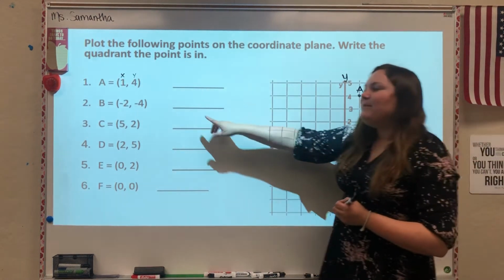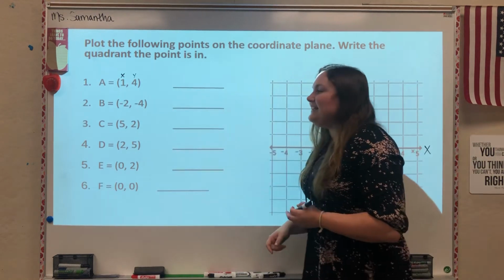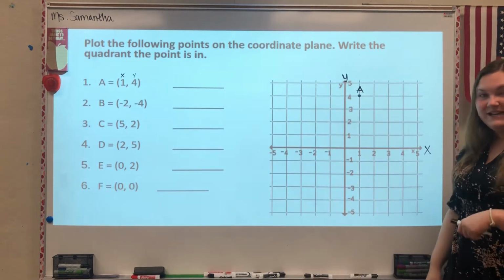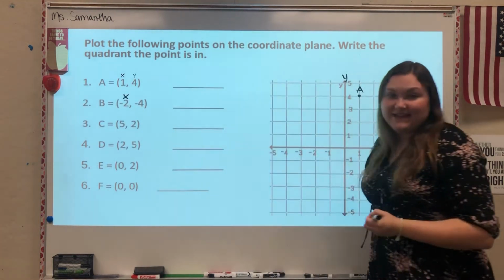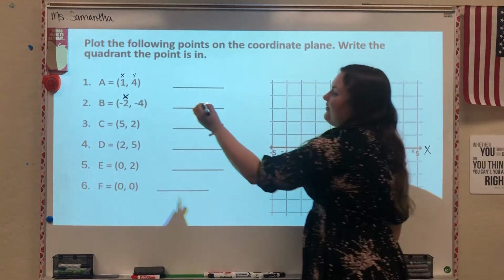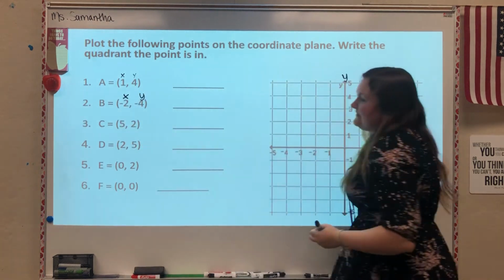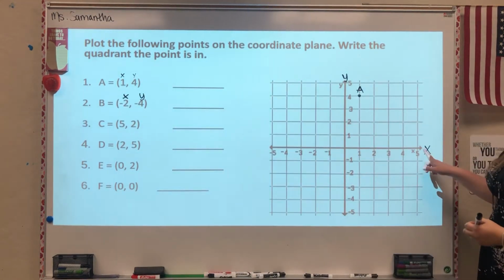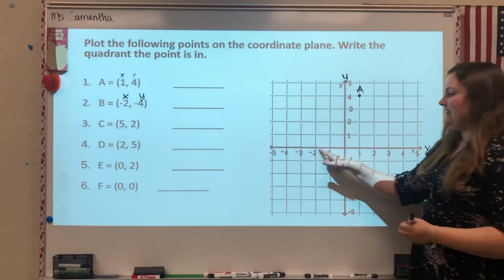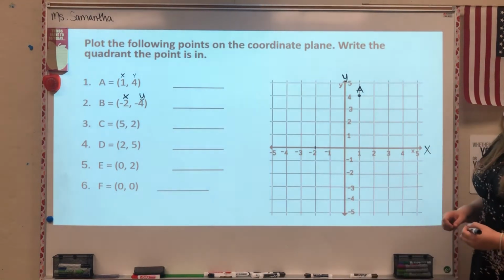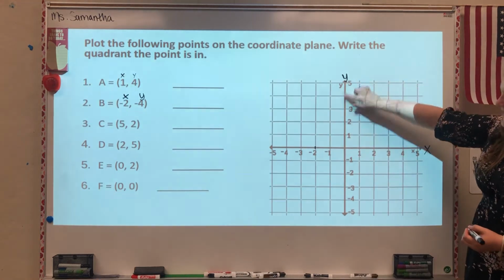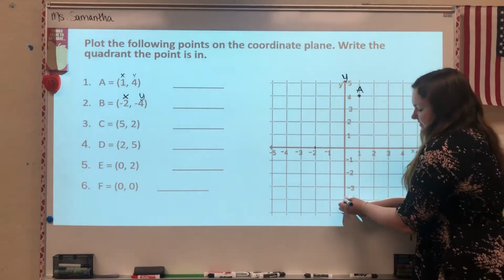We're going to do a couple more of these. Point B, I want to go to -2, -4. Again, I'm going to start by going to -2 on my x-axis and then going to -4 on my y-axis. So I'm going to find on x, -2, that's right here. And I'm going to find -4 on y, that's right here.